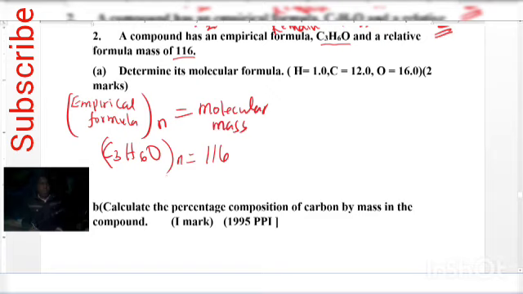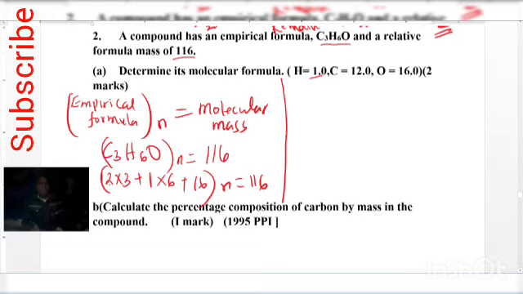Molecular mass is the same as relative formula mass, so there's no big difference. Carbon, we have been told, is 12. So this is 12 times 3, plus hydrogen 1 times 6 of them, plus oxygen which is 16. So everything here times n will give us 116.